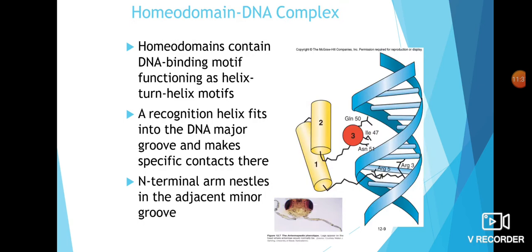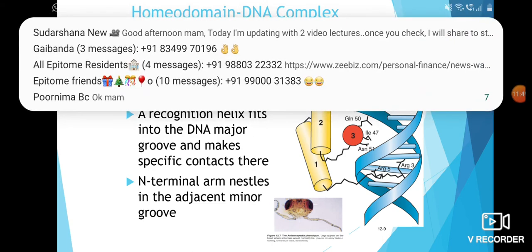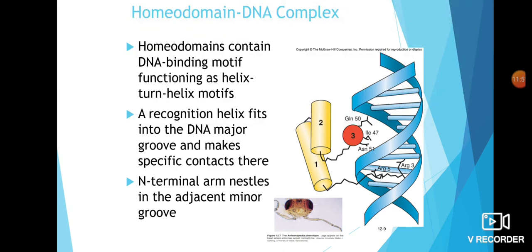Apart from these zinc containing modules, which are 3 we just finished, the second one is the homeodomain DNA complex. The homeodomain DNA complex contains a DNA binding motif that functions as a helix turn helix motif. Helix turn helix we see in prokaryotic repressors, as I mentioned, in lambda repressor.